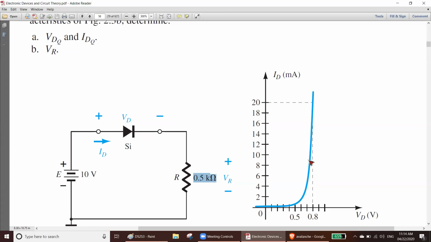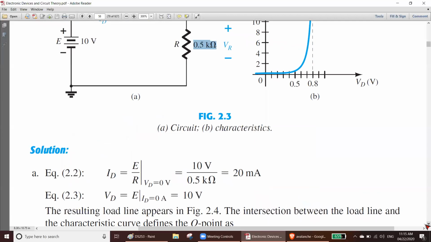Your current will be fixed as well, so you need to find that point. So how to find that point?